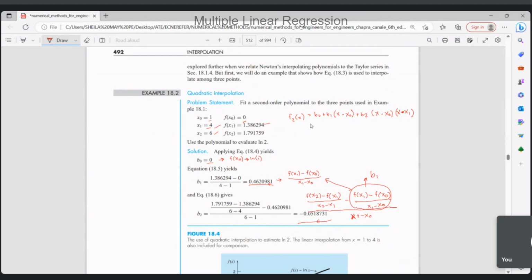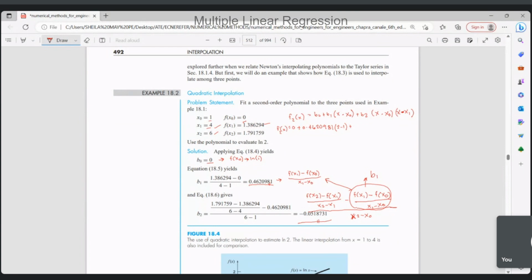So, since naa naman tayo B sub 0, so that's 0 plus pila tong B1. 0.4620981. Pila tong X? 2. Right? 2 man na tong X, di ba? X sub 0 is 1, plus B2.